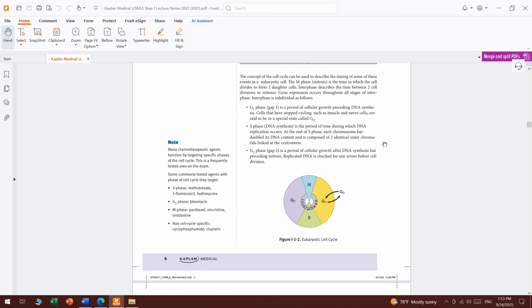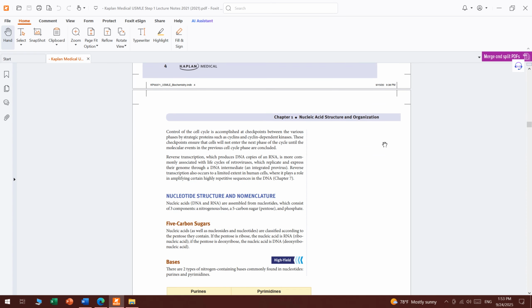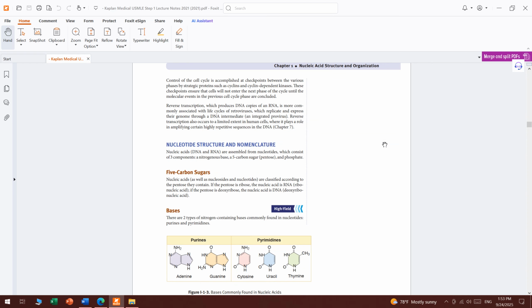The intricate control of the cell cycle is achieved at specific checkpoints located between the various phases. These checkpoints are regulated by strategic proteins, most notably cyclins and cyclin-dependent kinases. Cyclins are regulatory proteins whose levels fluctuate during the cell cycle, while CDKs are enzymes that, when activated by cyclins, phosphorylate target proteins to drive cell cycle progression.